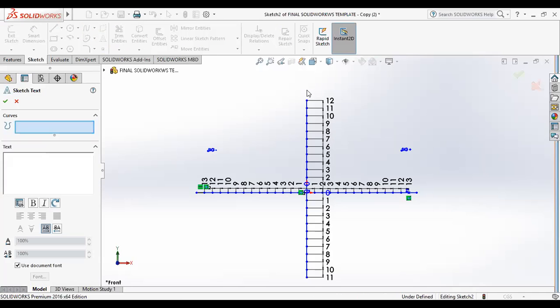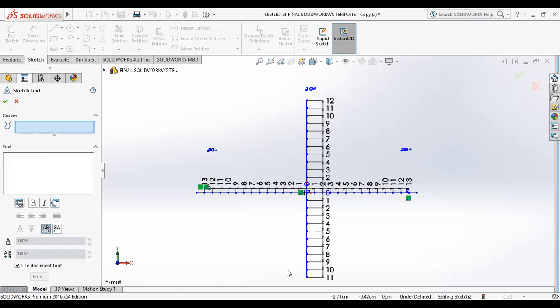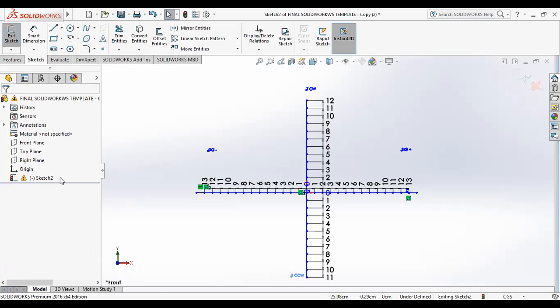This is tau clockwise. This is tau counterclockwise. Okay, we have done this.